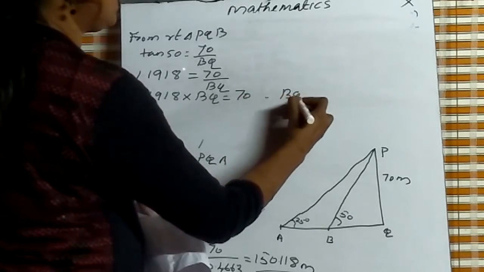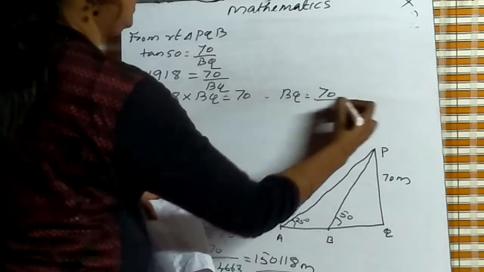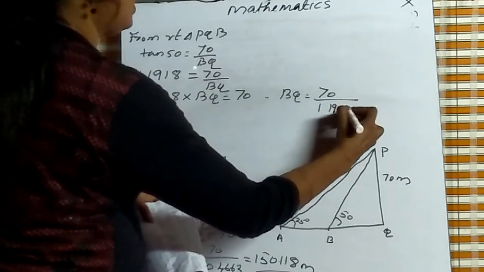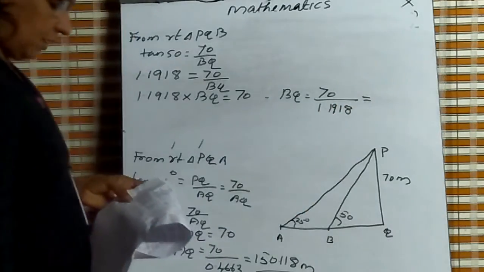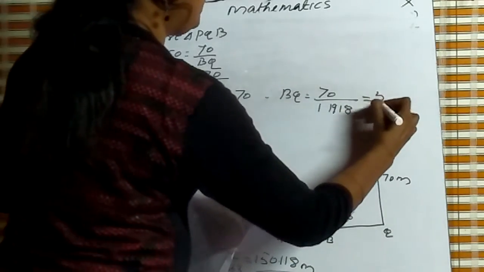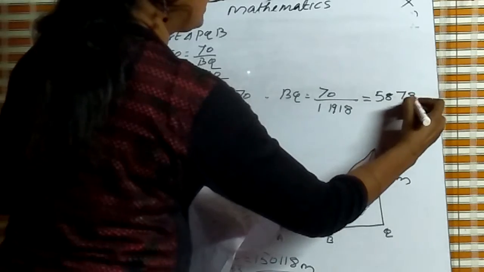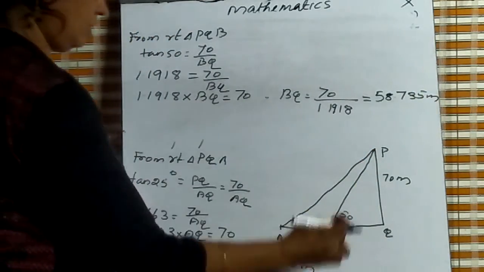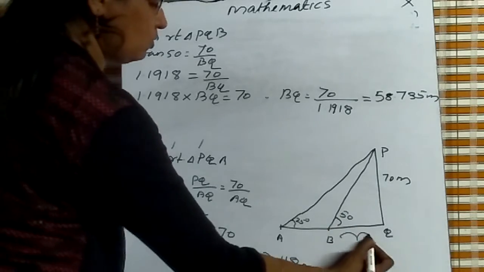Therefore, BQ is equal to 70 divided by 1.1918, which is 58.735 meter.